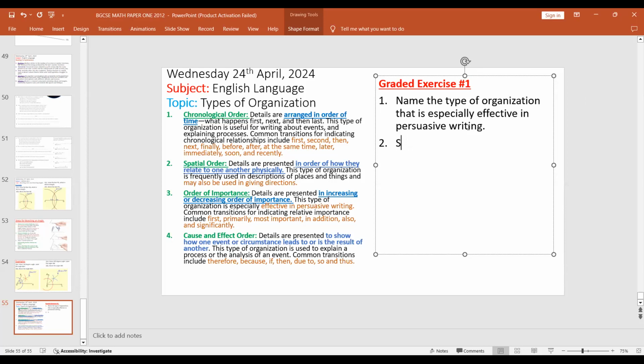State which type of organization would be used in an essay on the history of past events.